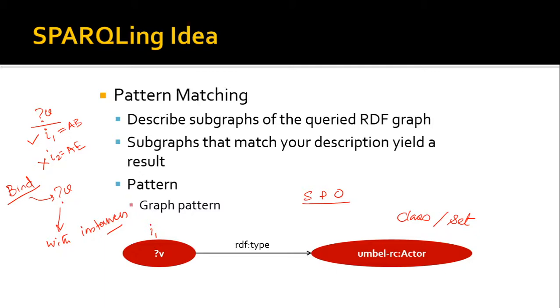And for some of the instances, this pattern will be matching, but for the other set of instances, the pattern will not be matching. So the set of instances which help the pattern to be matched against the RDF database, those will be retrieved as our answers to the query. So this is the particular idea behind SPARQL, right?